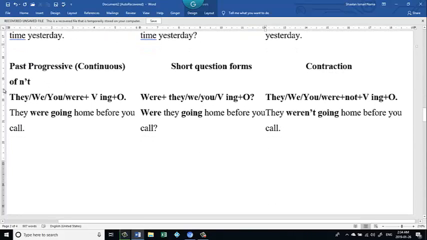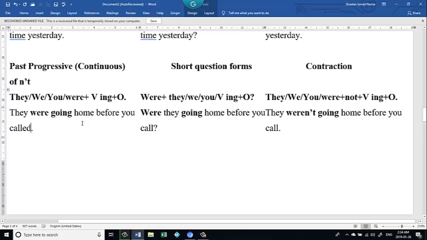With were, to make contraction is easy. Then we said with they, we, you, both you, we, and one plus one or plural subject, we use were. Then we have verb with ing, then the object. For example, they were going home before you called. Sometimes we say before you called is better.